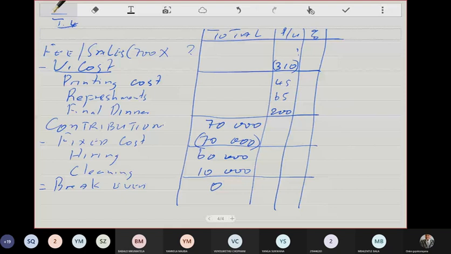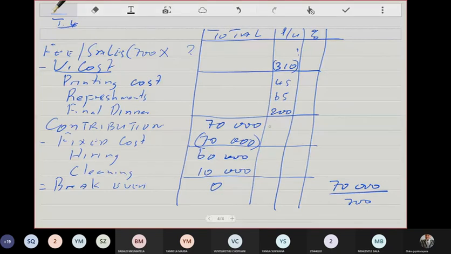That's what influences the 70,000. So you can take this 70,000 and divide it by the number of delegates that will attend the conference, which is 700, so that I can see what the contribution per delegate is.